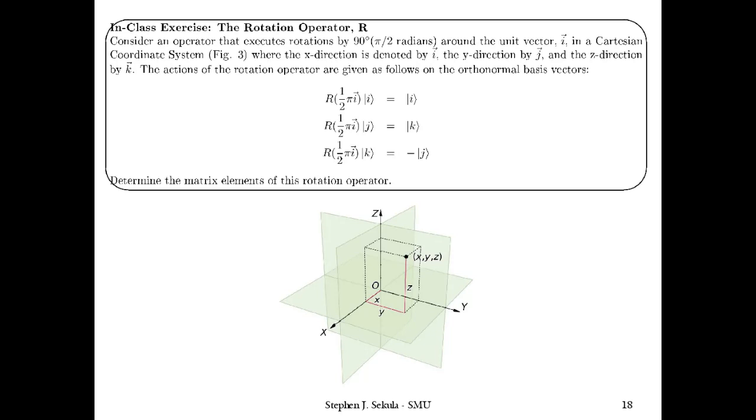What I want you to do is figure out what are the matrix elements of that rotation matrix using this trick. All right, so all we know is what it does to the basis vectors, but this is very powerful information because once you know it, you can write down generally whatever the form of that operator is in the matrix representation. And we could do this for arbitrary rotations. This happens to be easier, but we could do it for arbitrary rotations through angles theta, or theta and phi if we want to do all three dimensions.